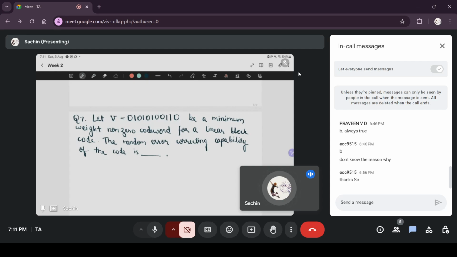So the code word is given and they're telling you that this particular code word has the minimum weight among the non-zero code words. So a fact about linear block codes is that the minimum weight of a non-zero code word is the minimum distance of the code.